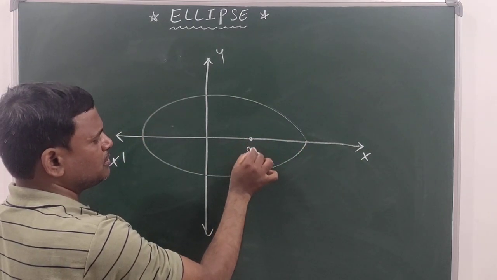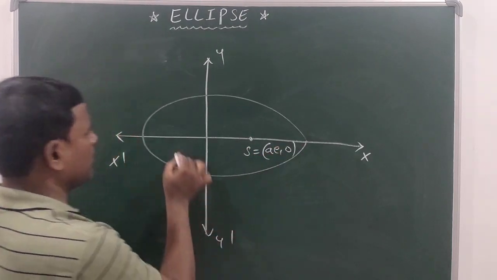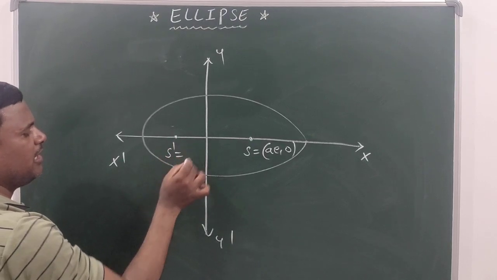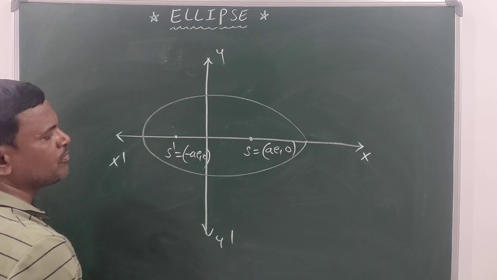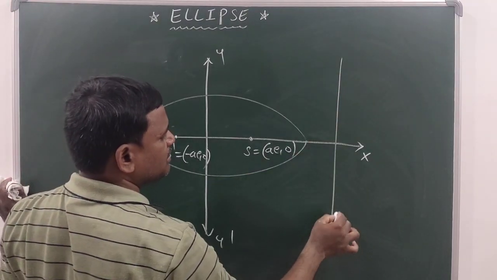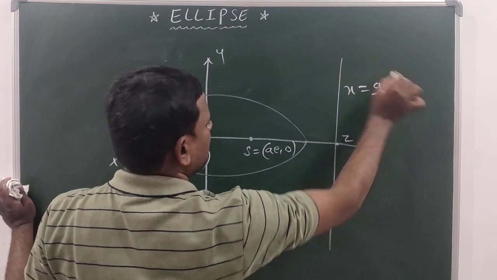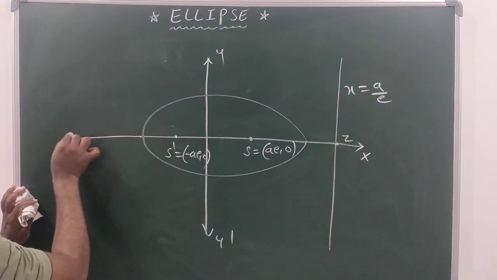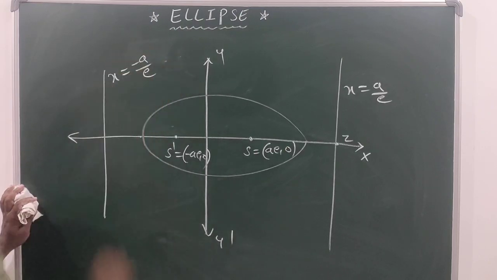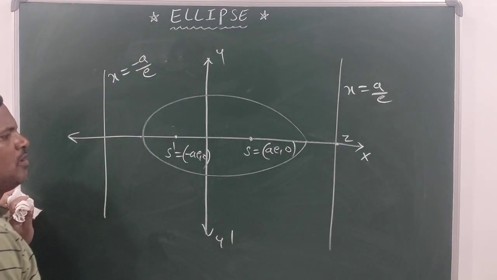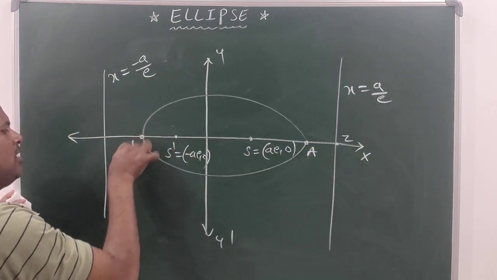Here for this ellipse, it has two foci whose coordinates are (AE, 0) and (minus AE, 0), and the directrix equations are x equal to A by E, and one more, x equal to minus A by E. As you know, this is A dash.